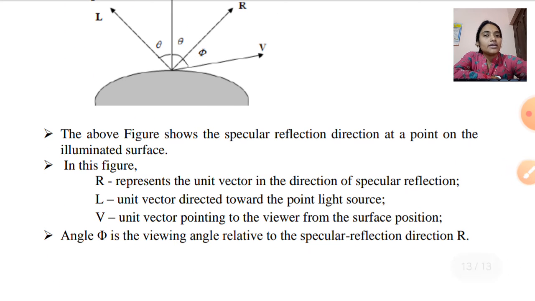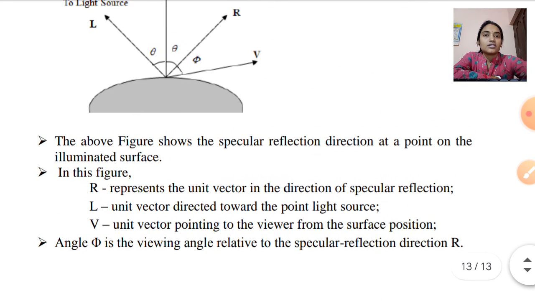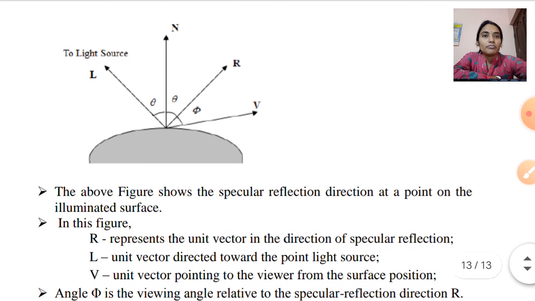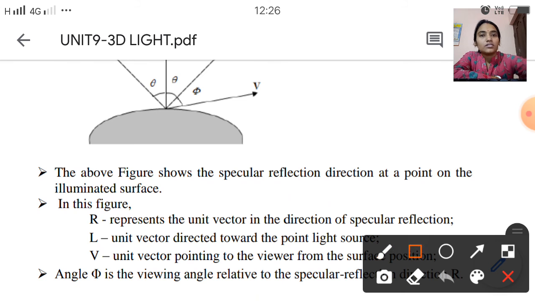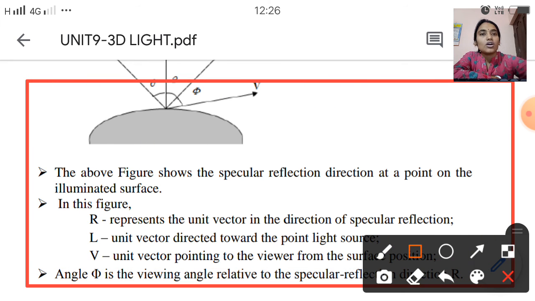And the angle theta is the viewing angle relative to the specular reflection direction R. Okay, so all of you remember these things, this diagram and all of this. This is very important for specular reflection.